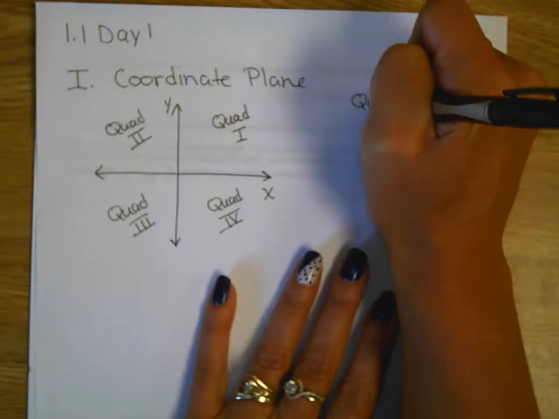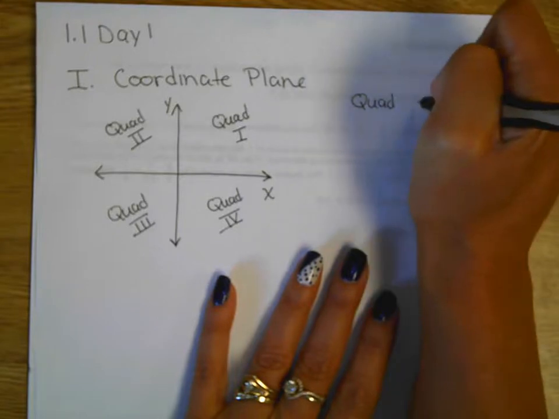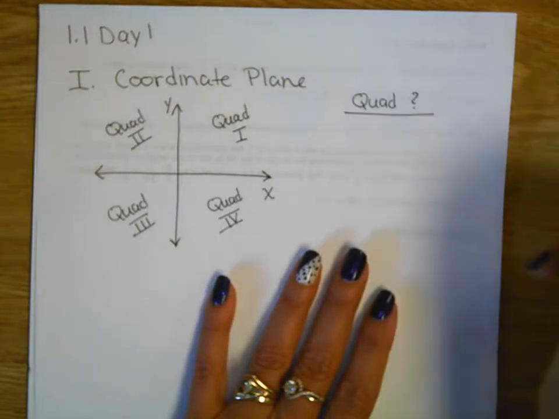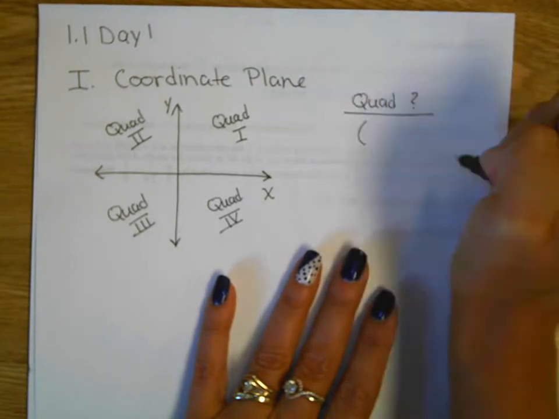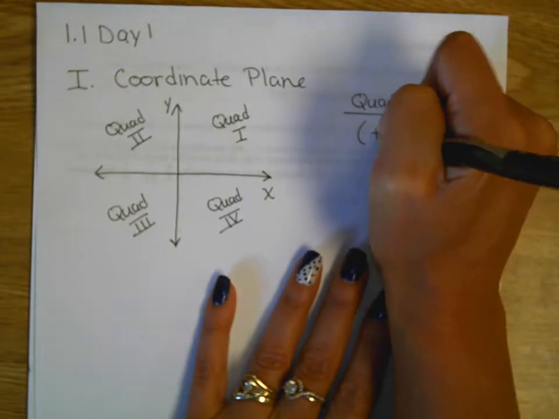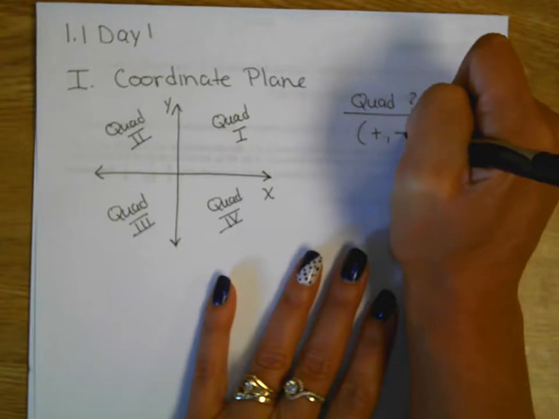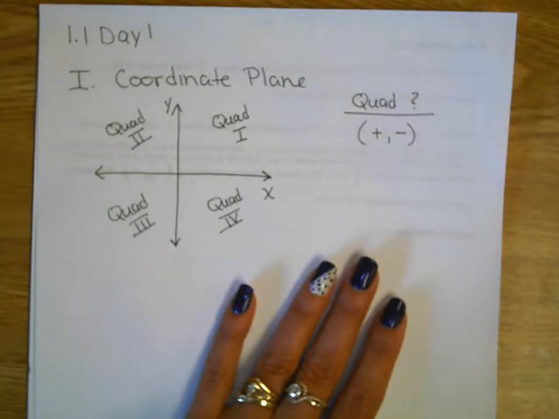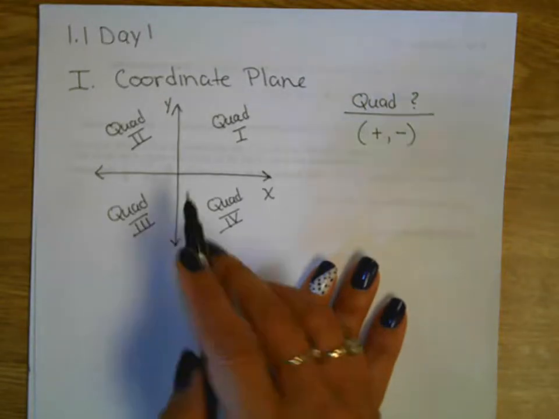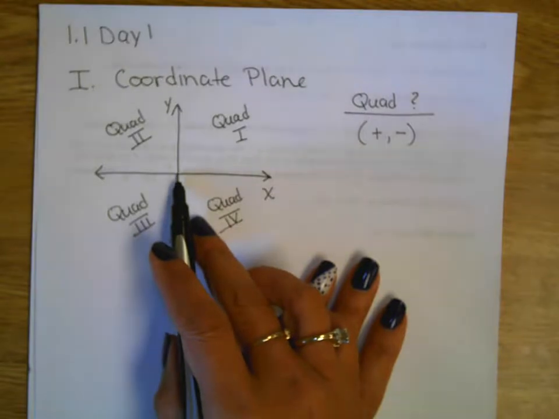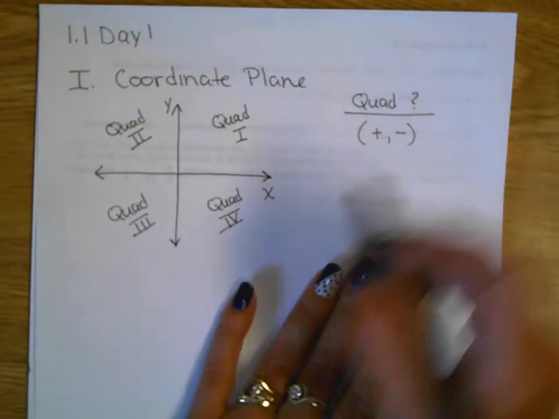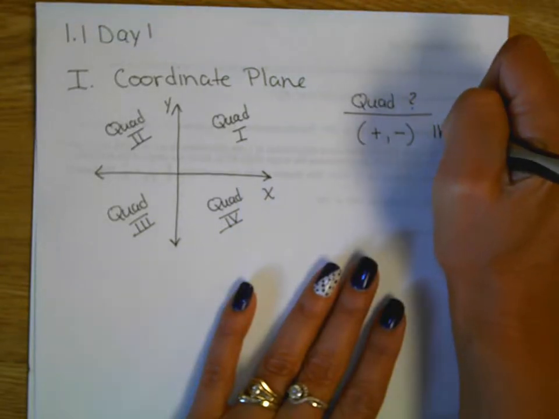My question for this section is just tell me which quadrant am I in? If my X value is positive and my Y value is negative, do you remember how to plot points, I'm assuming? From the origin? What does that first positive mean? What direction am I going? Right. And then the negative? Down.